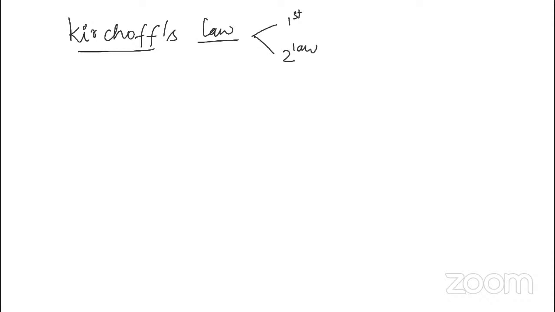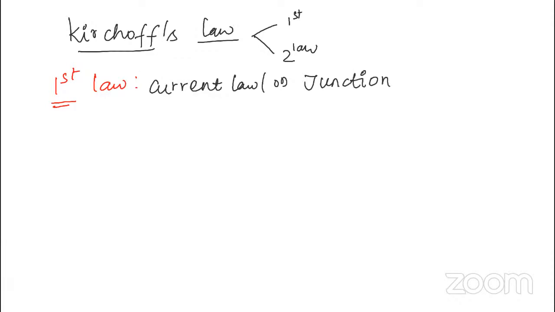The first law we call by another name, current law, or junction law, or junction rule. It should be the same. So what is the first law?